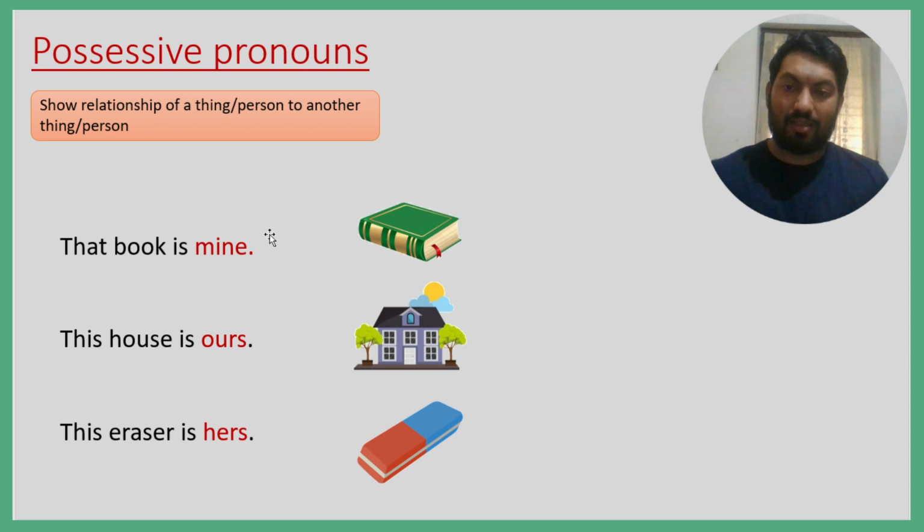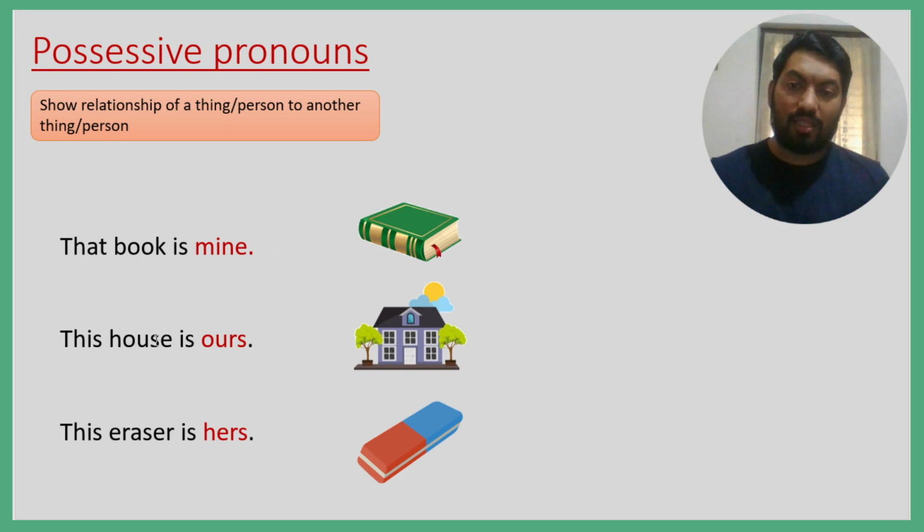It tells us ownership, or it shows a relationship of a thing or person to another thing or person. It tells ownership or belonging. So look at this sentence. That book is mine. It tells us I am the owner of this book. So here mine is a possessive pronoun.